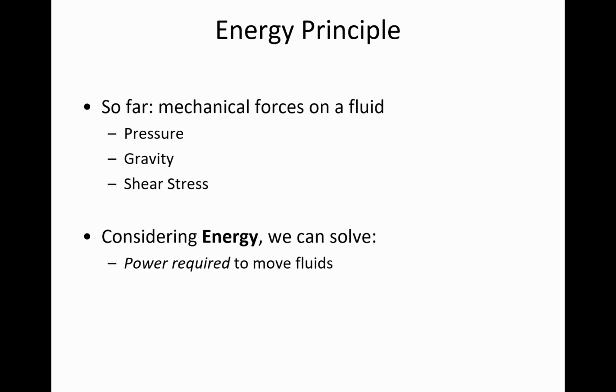Or if we are thinking a little bit more broadly, you can use the energy principle to determine how oils and other industrial chemicals can flow through a pipeline and the amount of energy required to do that.